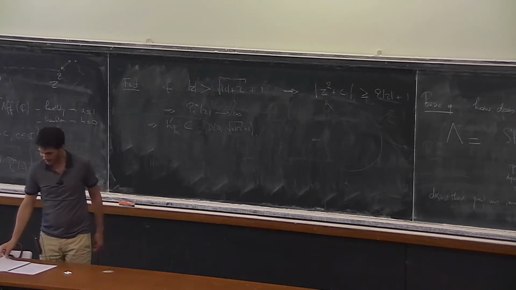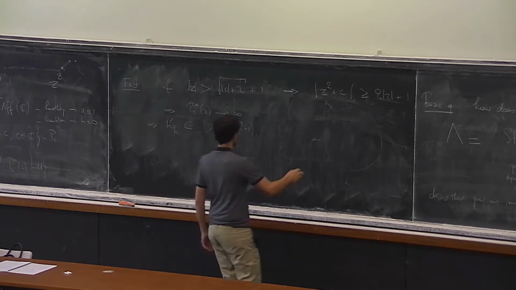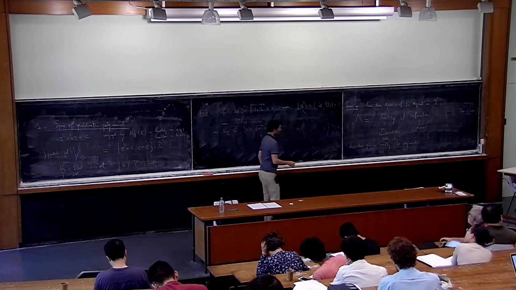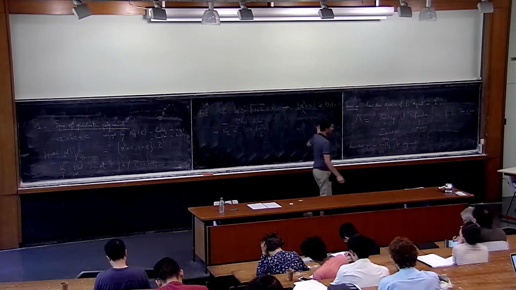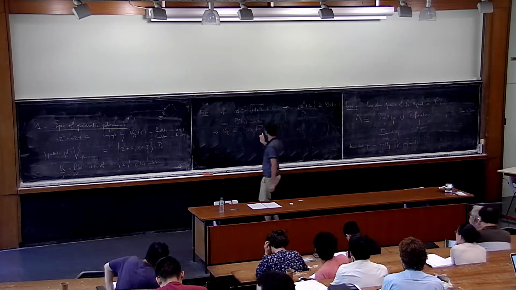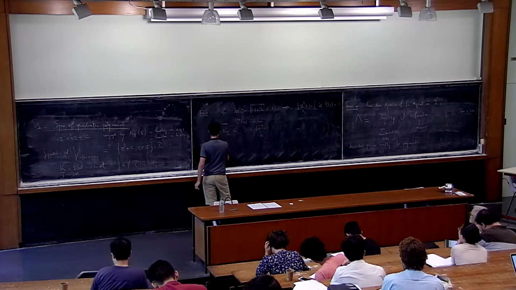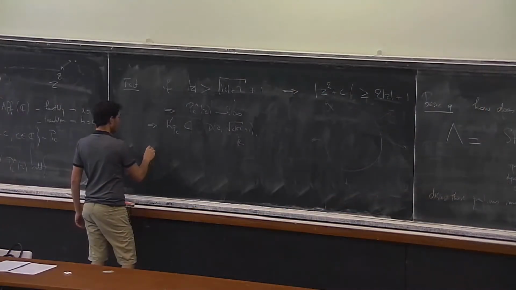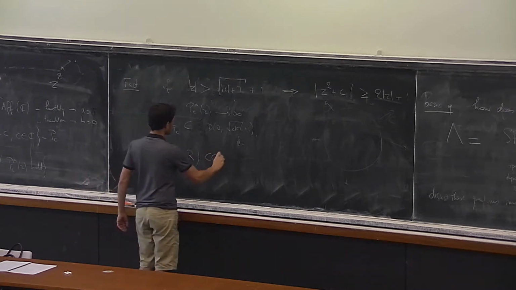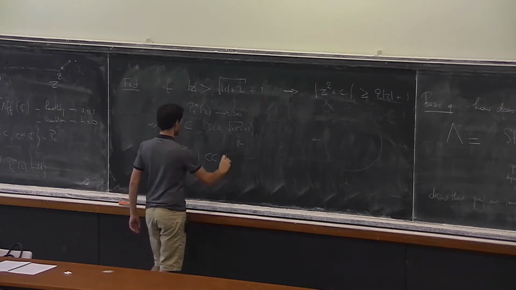Okay, what happens inside now? So if you fix this radius r, if you want to understand what the Julia set looks like, you have to pull back. So by definition, by just what I've just said, if you take the pullback of this disk of radius r, you get something which is relatively compact in the disk.